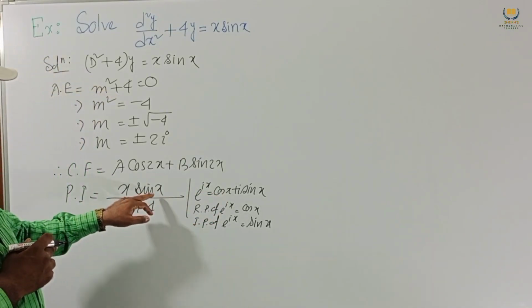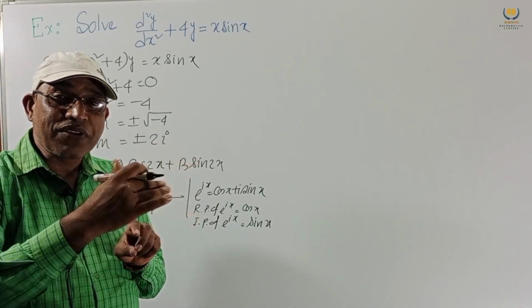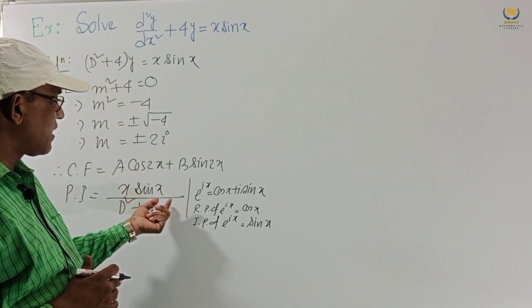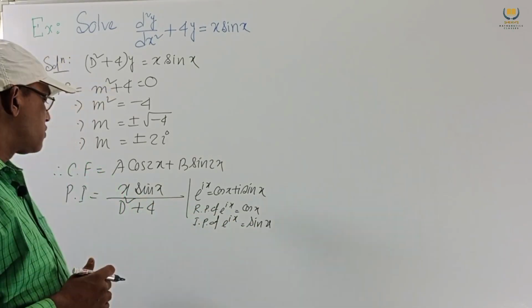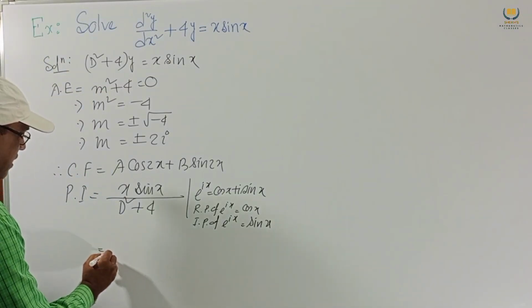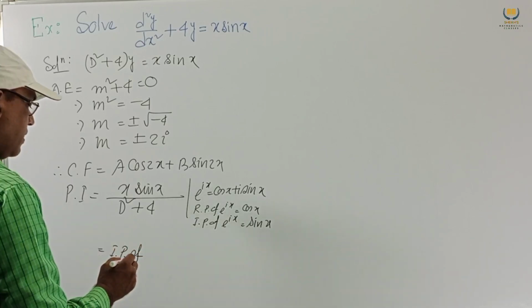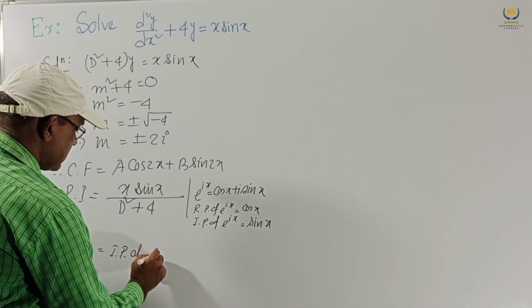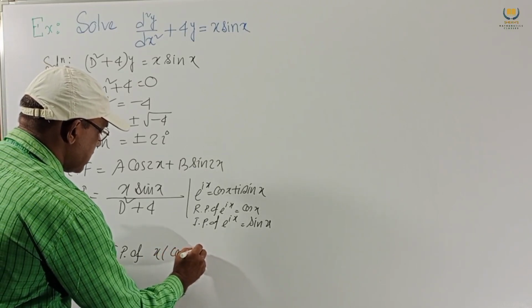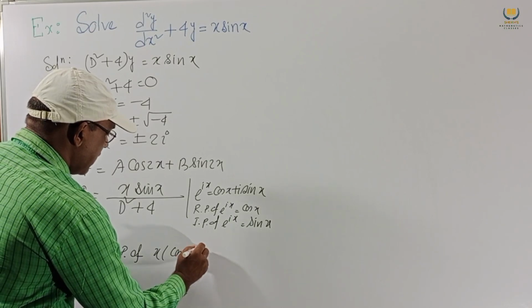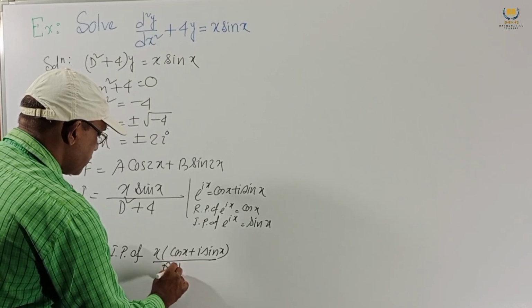But in our problem, sin x is given. We want to write, we remove this sign, we write the imaginary part of e to the power ix. That means obviously sin x. So this can be written as the imaginary part of x (cos x + i sin x) divided by D² + 4.